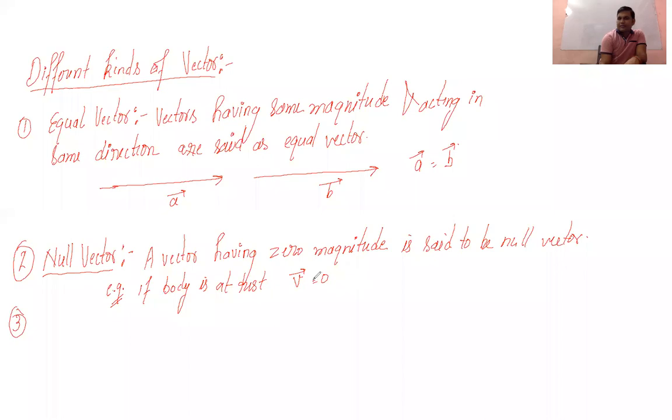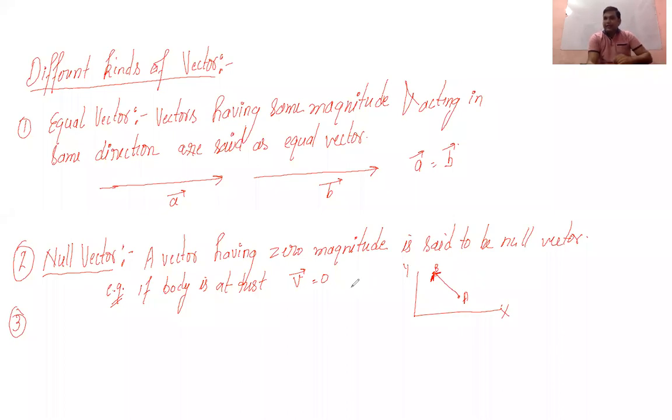Does a null vector have no direction? It may have a certain direction, and I can give an example. Suppose this is your x-axis and this is your y-axis, and a particle moves from A to B. For this case, the displacement vector is non-zero, so that is not a null vector.